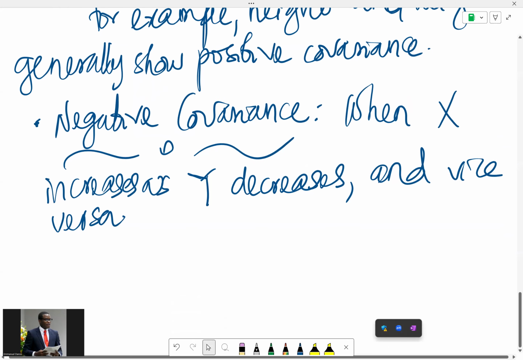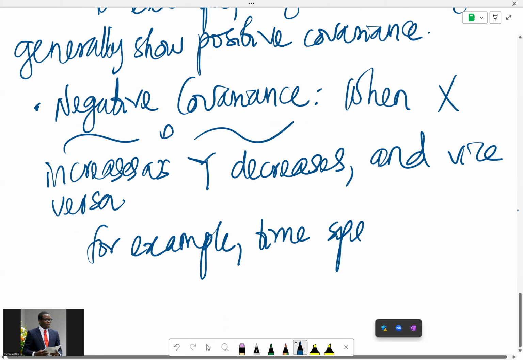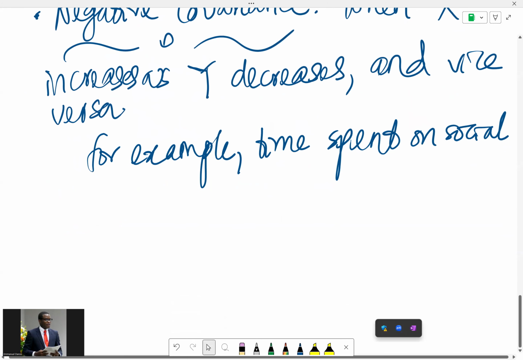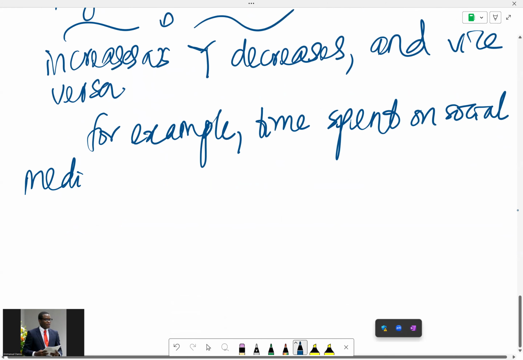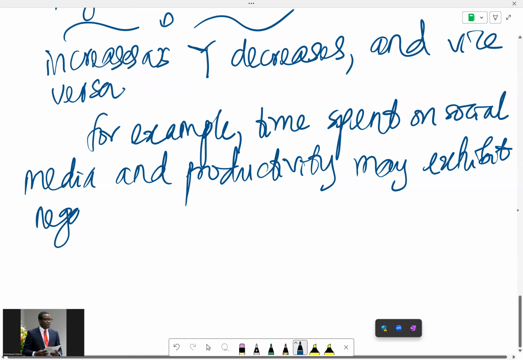That is negative covariance. For example, time spent on social media and productivity may exhibit negative covariance.